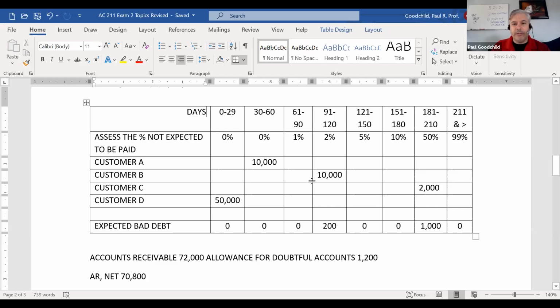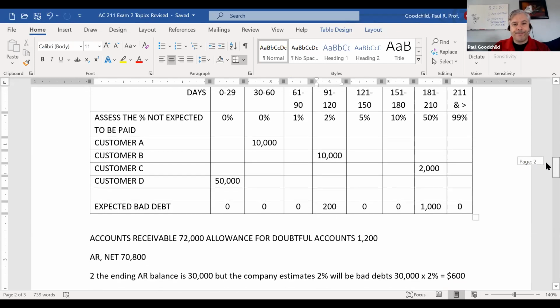And then the other one goes, am I supposed to pay that? And they go, oh, well, we'll get around to it. And then it gets out here into this category. So there are some businesses that reflect this, but you have to look at your own business and determine what's appropriate. But that's an aging schedule.